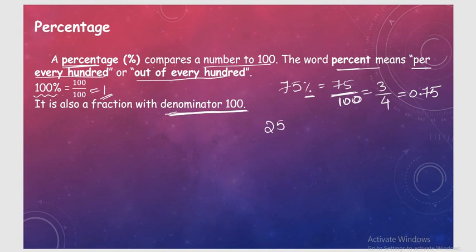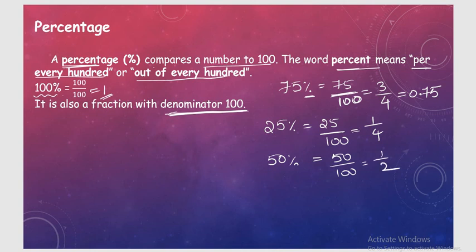Likewise 25%, which I can write as 25 by 100. 25 by 100 means 1 by 4. Likewise 50% I can write as 50 by 100, which I can write as 1 by 2, right? So likewise we can convert percentages into fractions, as well as fractions can be written as percentages, right?